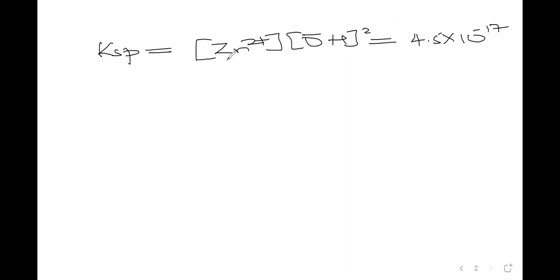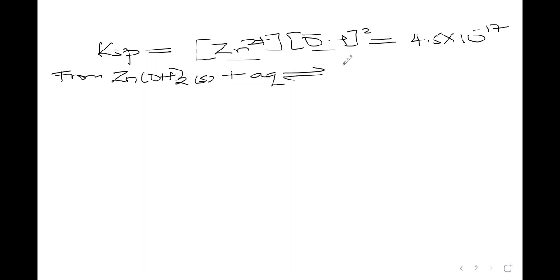Now, we don't know these concentrations, and there's no way you can get them if you have two unknowns. Remember, from this equation, zinc hydroxide aqueous is giving us zinc ions plus 2 hydroxide ions.